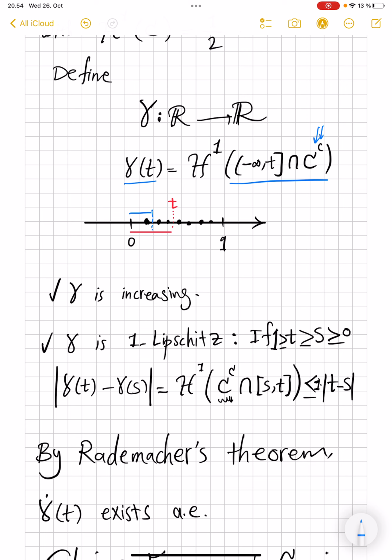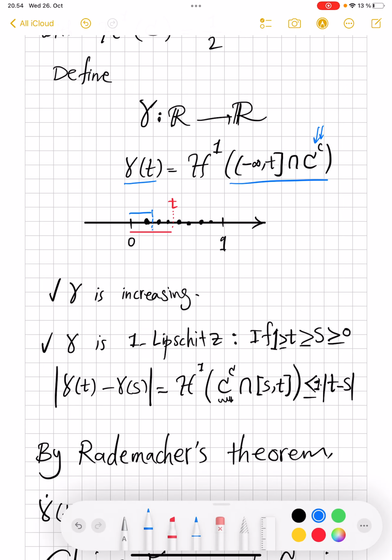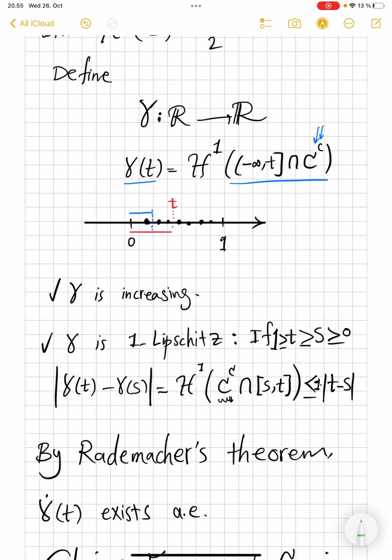So if C, again, this is not true because C contains no interval, but if C contained this full green interval and you were here with this T, increasing T for some time, going to T plus epsilon, would not add anything new to this because everything is contained in C and no part of the complement is picked up by moving from T to T plus epsilon.